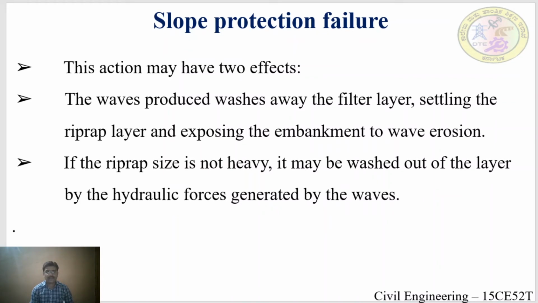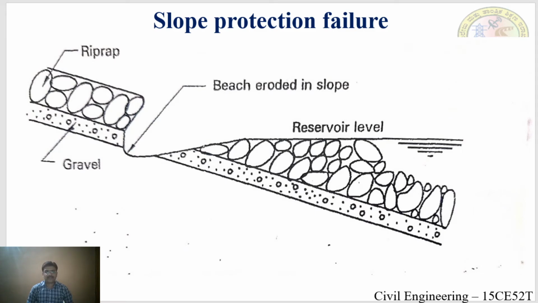Now, this is a small pictorial representation which shows the riprap layer, which is filled with irregular shaped rubble stones. The gravel layer is placed, and you may see the bench eroded in the slope due to the failure.